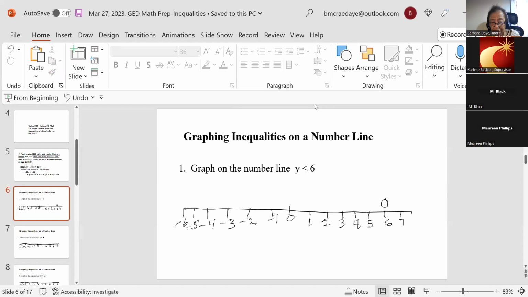And it's open, right? Because less than or greater than is open. Now, if my number is less than 6, which way would I go, Maureen? Right to left or left to right? Right to left. So that means this would go this way.